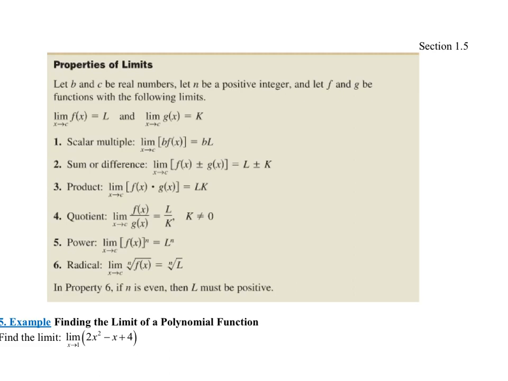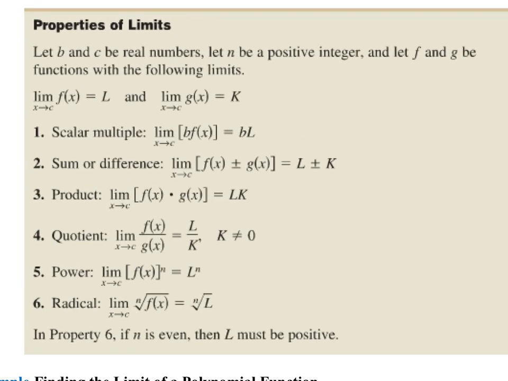Well, I'm going to say it in English, and I encourage you to write this down. What that means is the limit of a constant times a function is the constant times the limit of the function. Let me say that again for you. The limit of a constant times a function, that would be b times f of x, is the constant times the limit of the function.